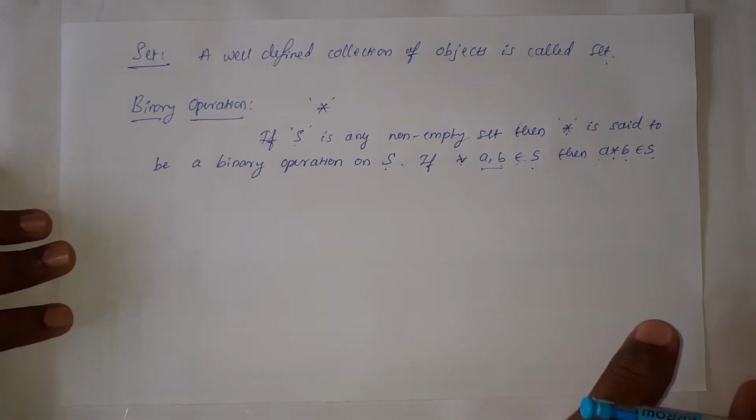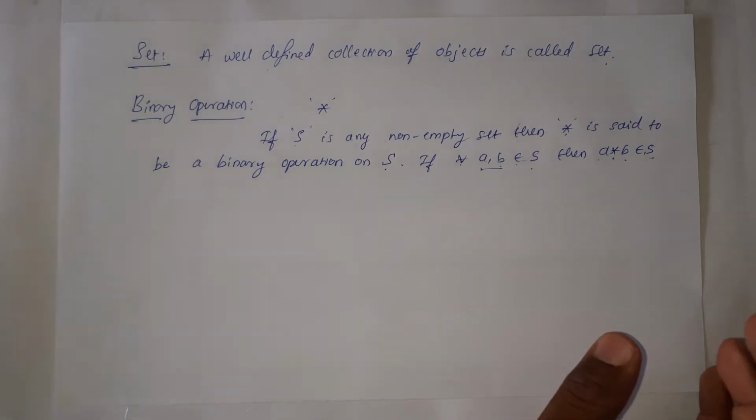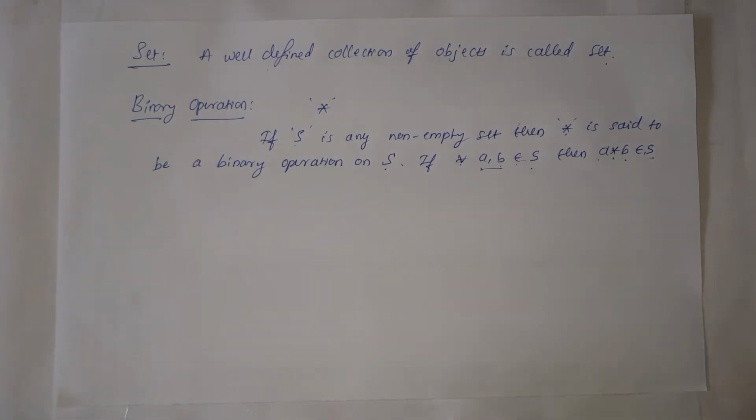So let us discuss some examples which are binary operations and which are not binary operations on particular sets.